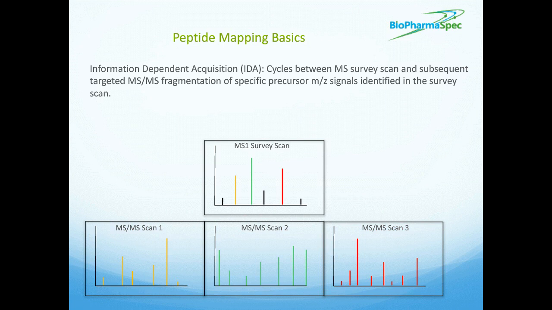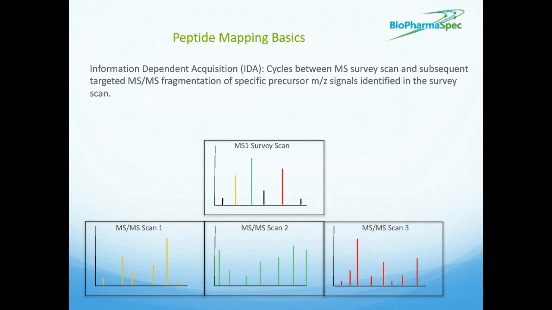In this figure, our top box shows what we call the survey scan, and in this there are several signals. For information-dependent acquisition, the highest level signals are chosen to be further fragmented.